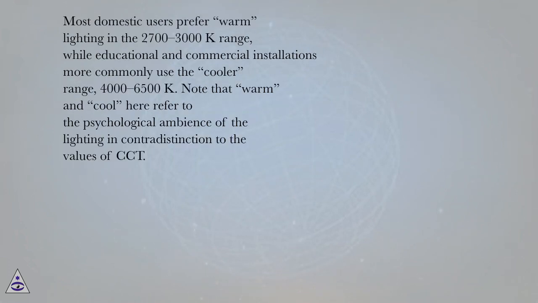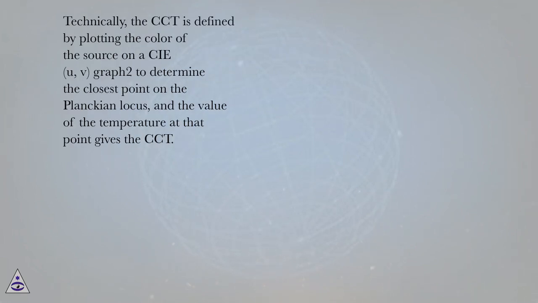Most domestic users prefer warm lighting in the 2700 to 3000 K range, while educational and commercial installations more commonly use the cooler range, 4000 to 6500 K. Note that warm and cool here refer to the psychological ambience of the lighting in contradistinction to the values of CCT. Technically, the CCT is defined by plotting the color of the source on a CIE u, v graph to determine the closest point on the Planckian locus, and the value of the temperature at that point gives the CCT.